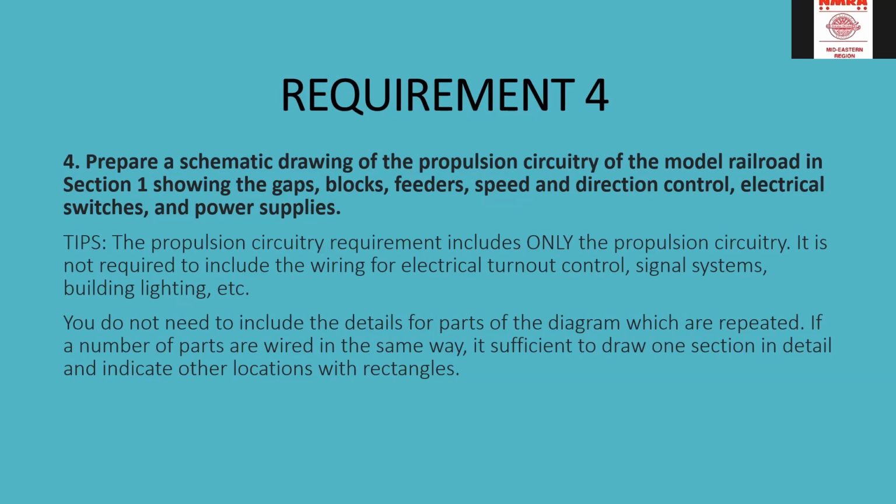As an example, if I was going to wire up a DPDT switch to a turnout control, so that when I throw the switch one direction, the turnout motor moves the track one way, or if I throw it the other way, it diverts, we don't need to show every DPDT switch and how we wired it. We can show one and say the others are wired like this. If we have multiple turnouts wired the same way, we can show the one turnout and say this is typical for my layout.